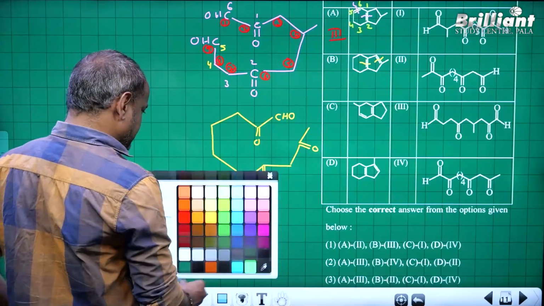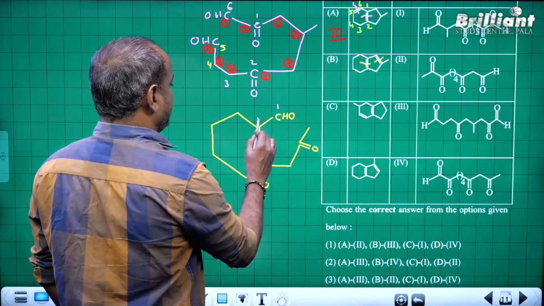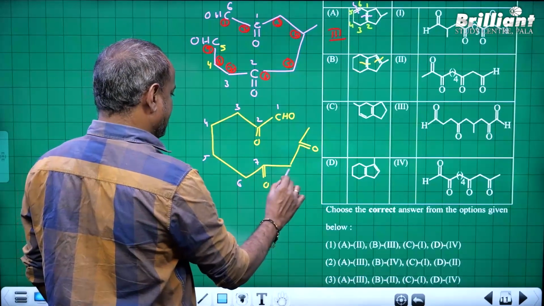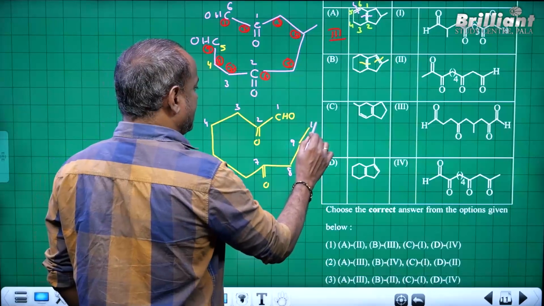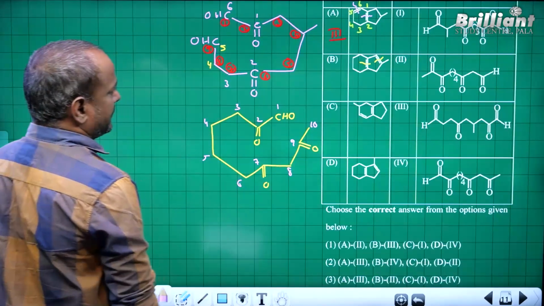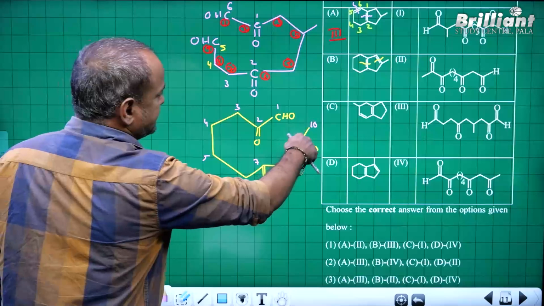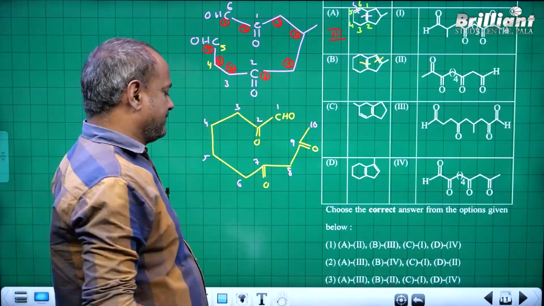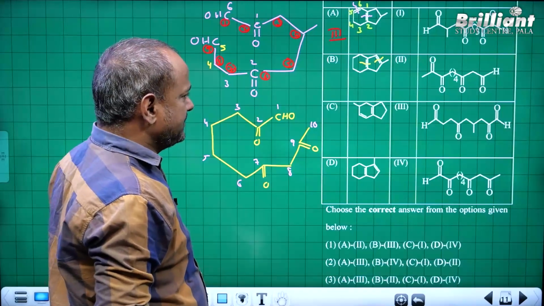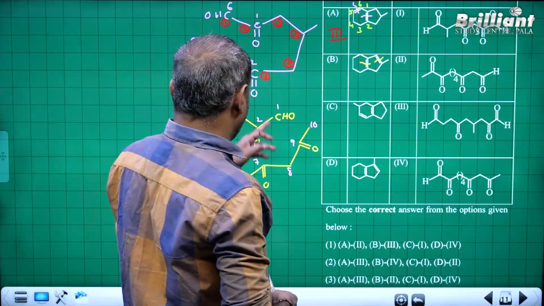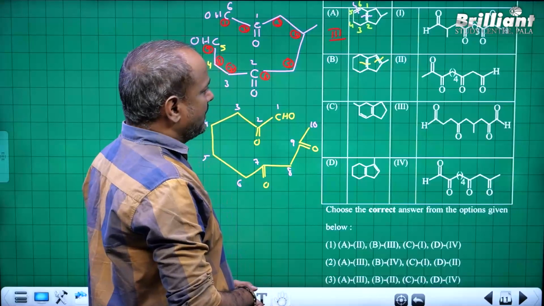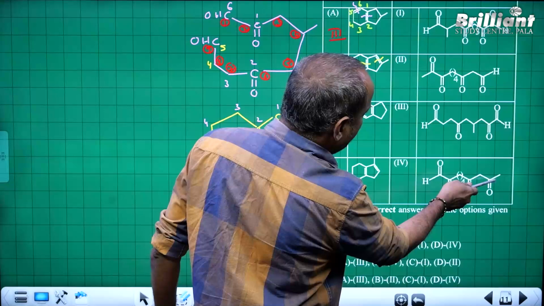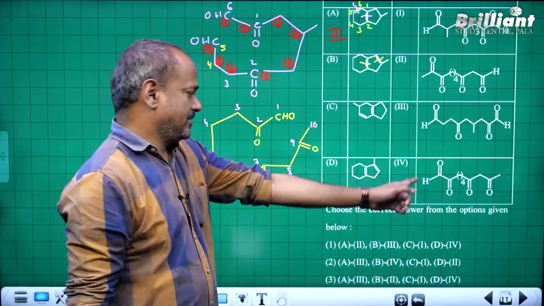Now take numbering 1, 2, 3, 4, 5, 6, 7, 8, 9, 10. There are 10 carbons here, because the branch is also in the chain. Okay, 10 carbons we can take now. First aldehyde, last methyl. Look here, this is the only option having a last methyl. B4.